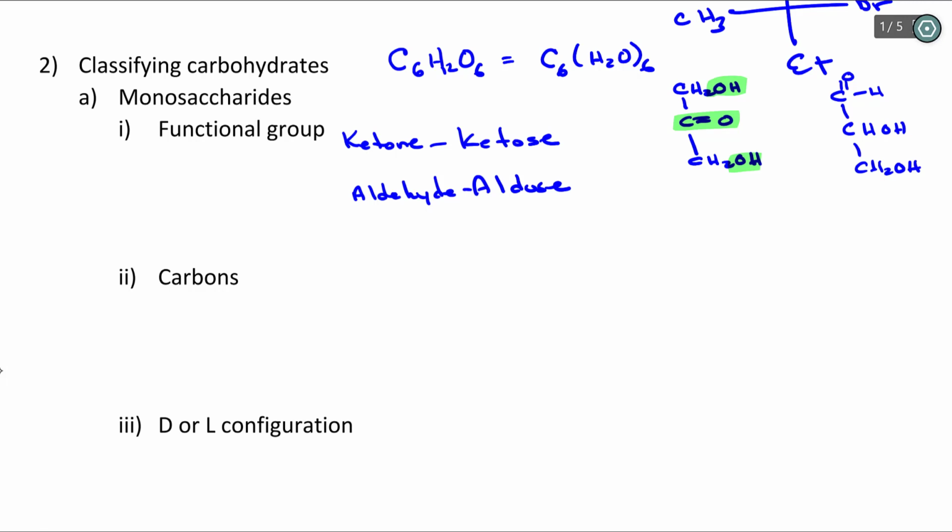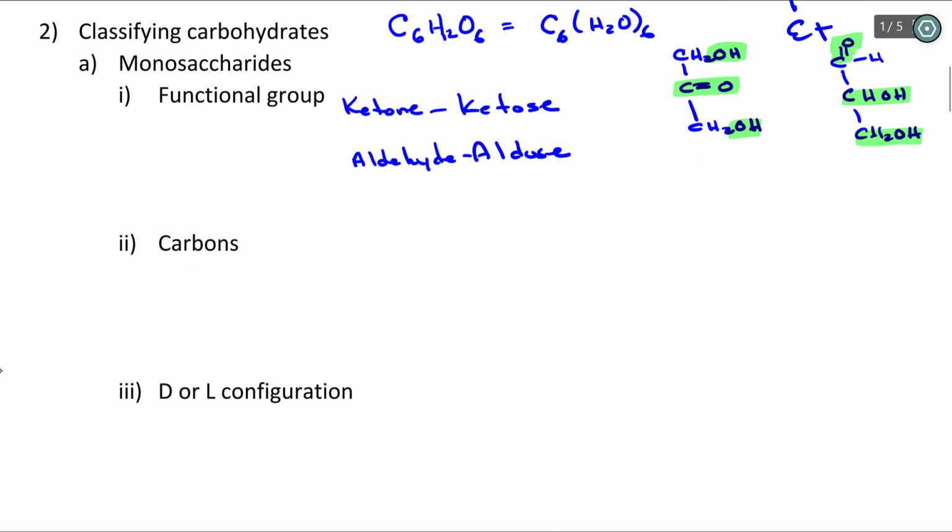Like this. And again, it's a polyol in that it has many alcohol functional groups in it. This one is known as glyceraldehyde. It's the smallest of the aldoses. And so by functional group, we can classify things as aldoses or ketoses.